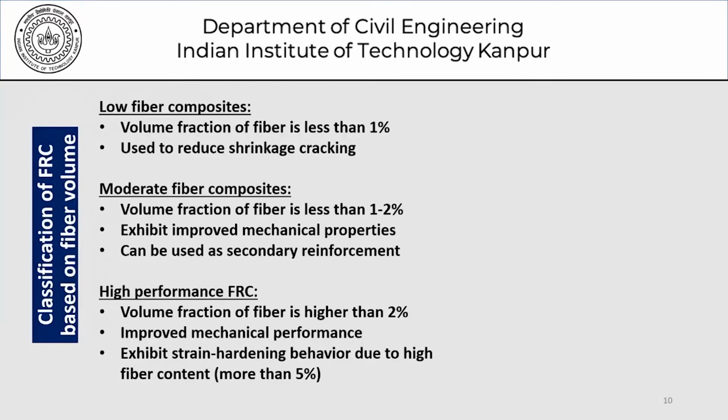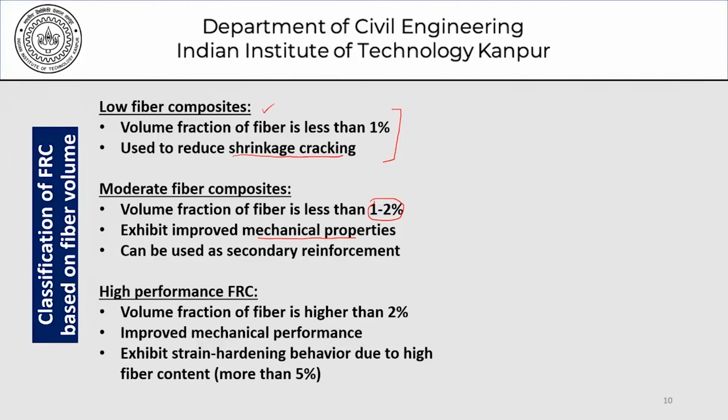Now, as far as the classification of fiber reinforced concrete based on fiber volume is concerned, if the volume fraction is less than 1%, we often call it low fiber composites, and that application is largely for shrinkage cracking. When it comes to moderate fiber composites, typically we are talking of volume fractions which are 1 to 2%, and there we can expect certain improvement in the mechanical properties.